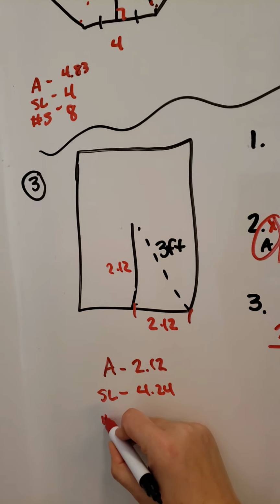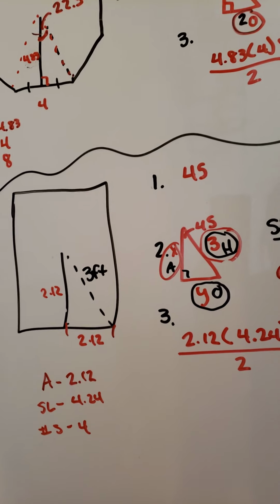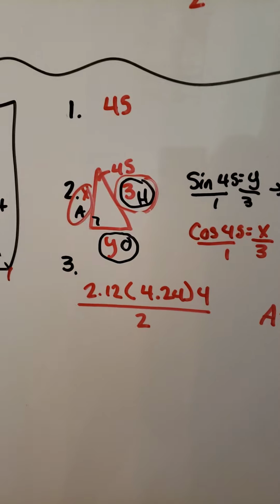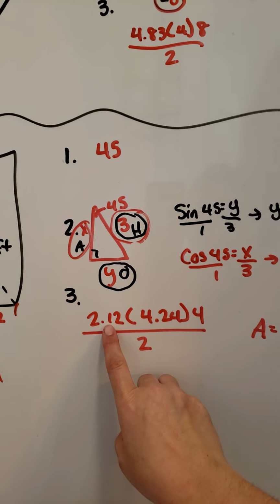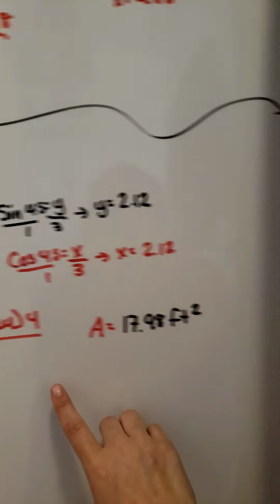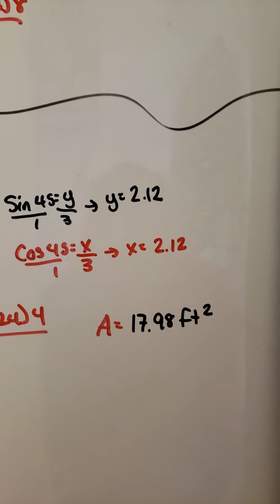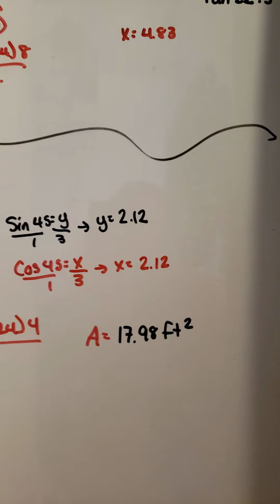And I need my number of sides, which equals 4, okay? And then I plug that into the formula. Apothem times side length times number of sides divided by 2 gives me an area. The area of that polygon is 17.98 feet squared, okay?